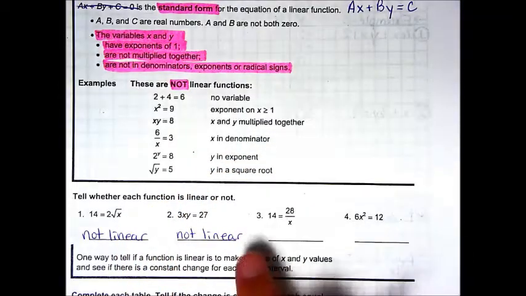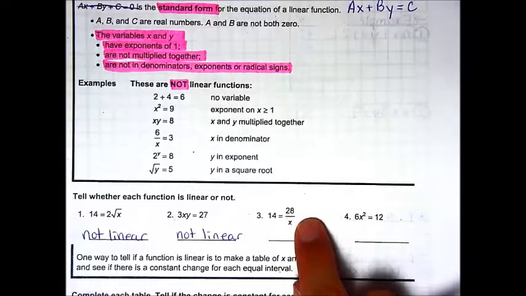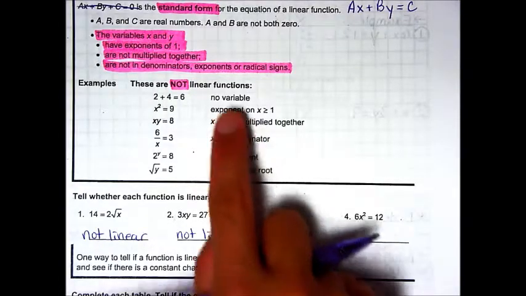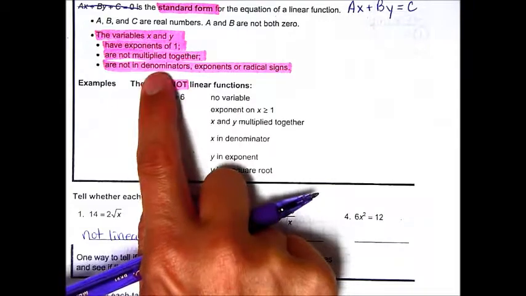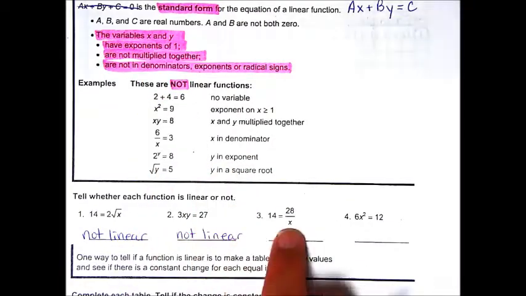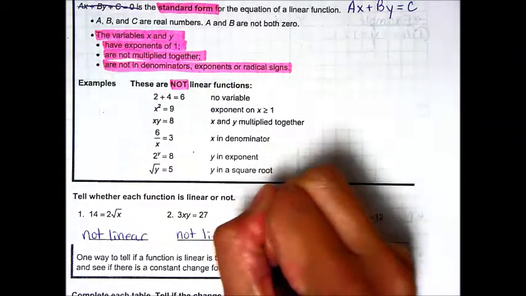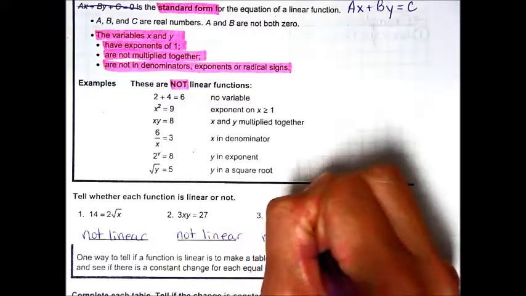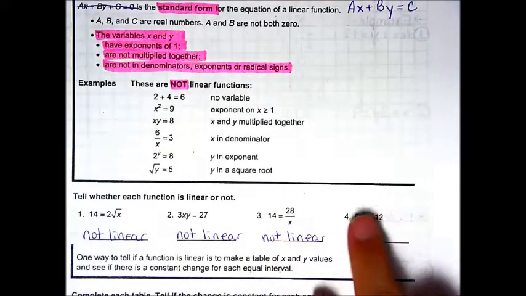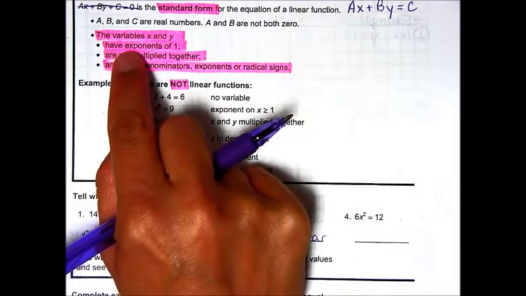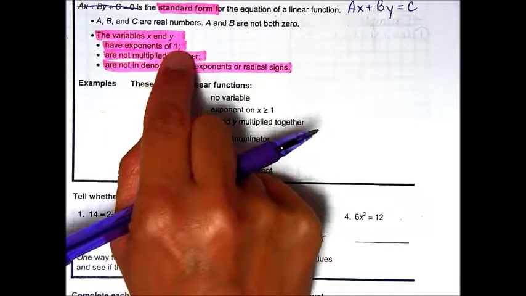Okay, this one, 14 equals 28 divided by x. Right here where it says the x and y are not in the denominator, that's an x in the denominator, not linear. And then right here, 6x squared equals 12. x squared, it says right here that your x would have to have an exponent of 1.